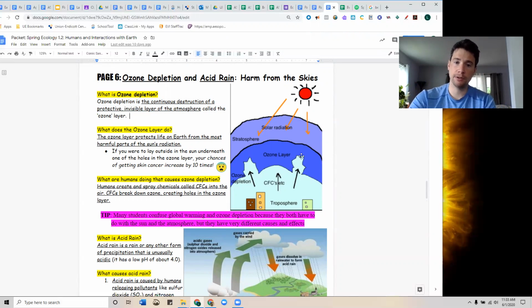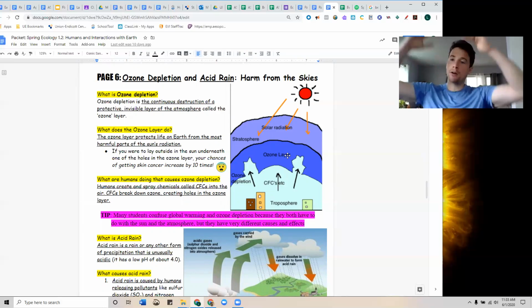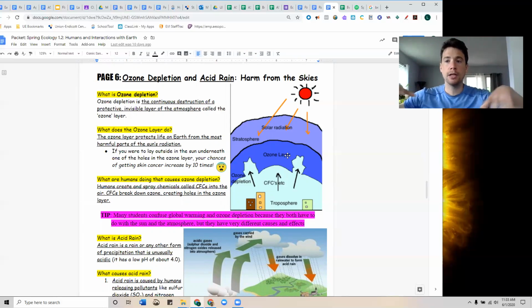So here's the ozone layer, and you can't see it. It's there. This is a different layer than the carbon dioxide layer that we talked about before, that's causing the global warming stuff. This is higher up, and the ozone layer protects us from harmful parts of the sun, and we are destroying it. And this could cause some problems.